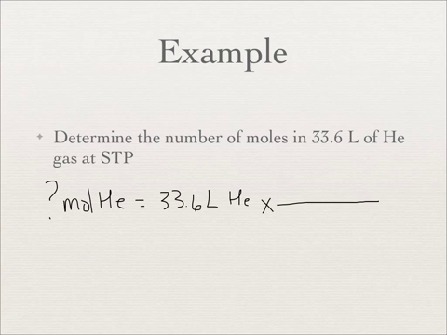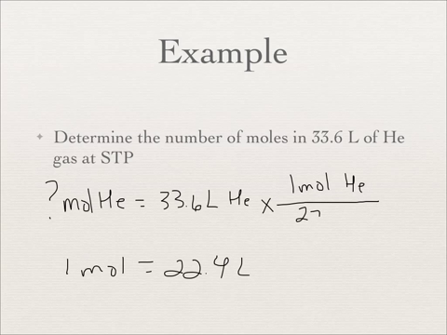I know that 1 mole equals 22.4 liters, so I put it in so it cancels: 1 mole H2 over 22.4 liters. Make sure your units cancel when you're done. I don't think these are hard. They're pretty straightforward. You're just worrying about that 22.4. You're either going to divide or you're going to multiply.